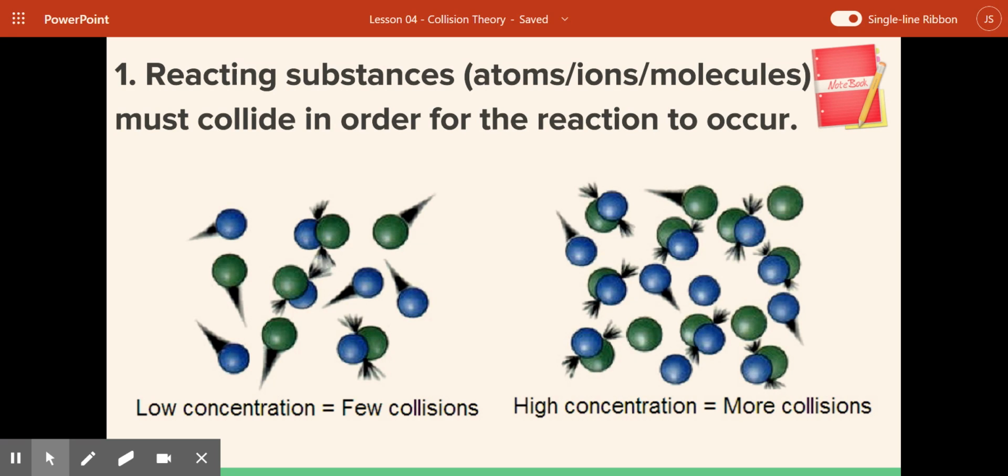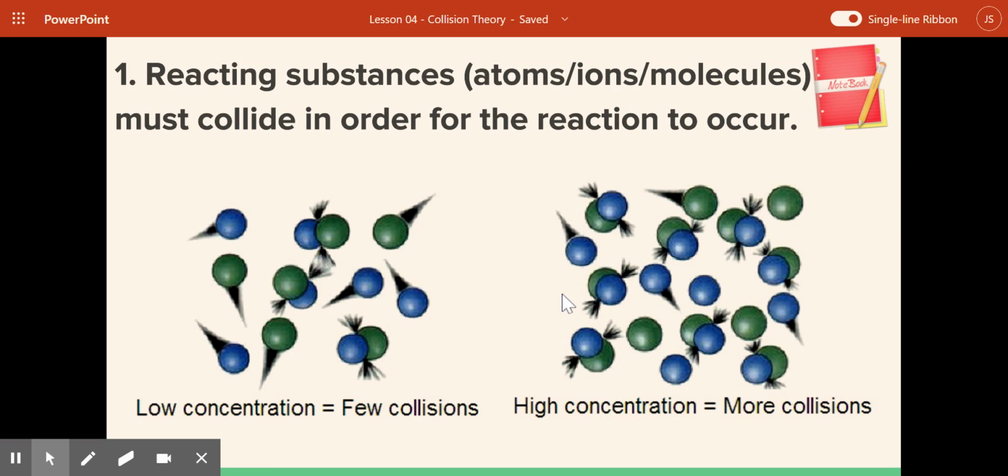The particles, whether they're atoms, ions, or molecules, have to collide. They have to hit each other for a reaction to happen. A couple of things affect the collisions: 1, the number of particles that you have, and 2, the space that you have available.